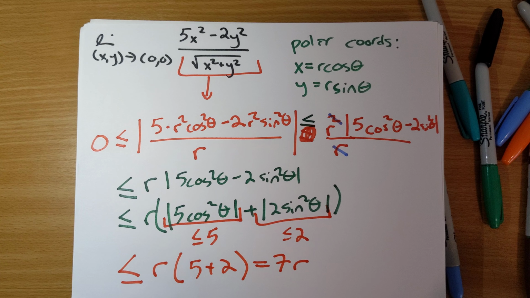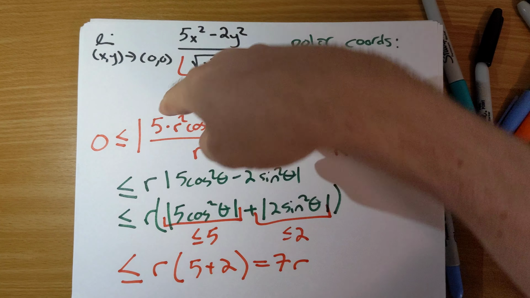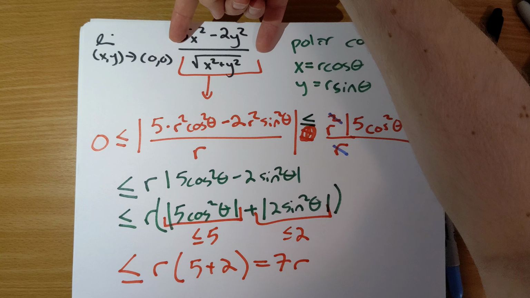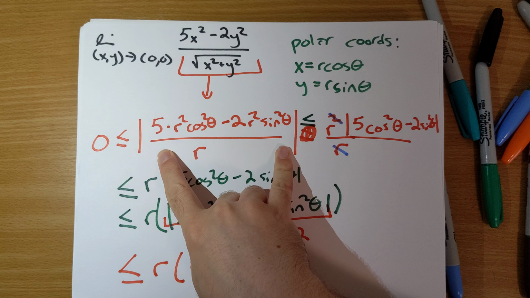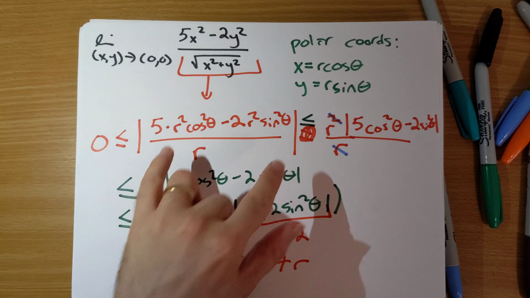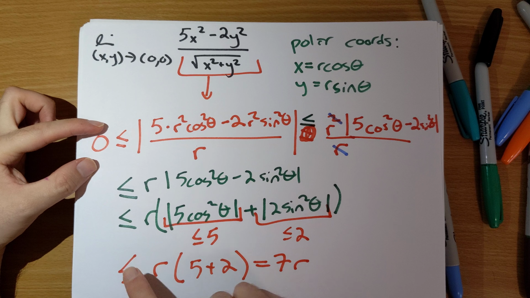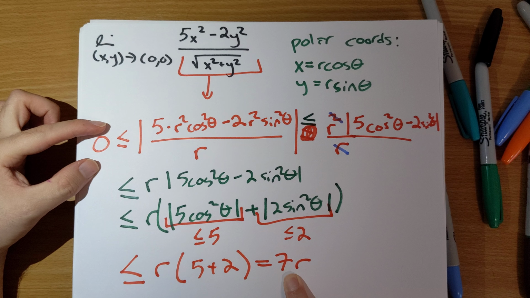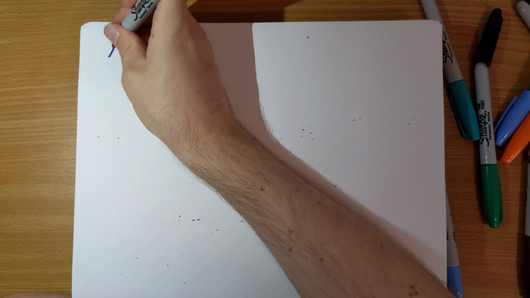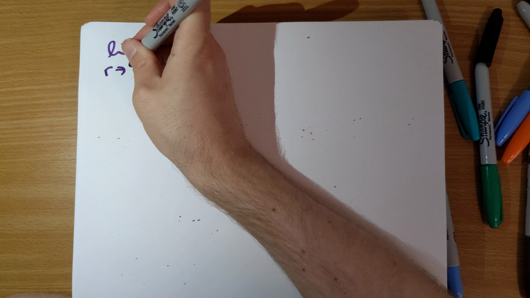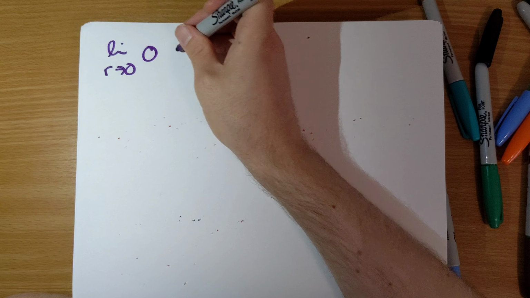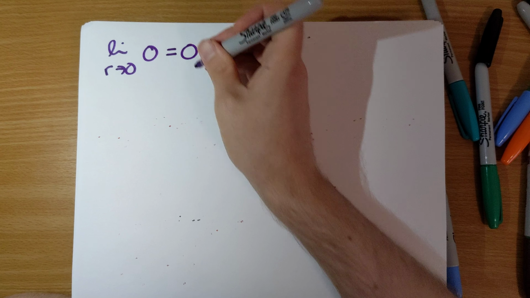So let's take a moment just to step back and see what we've accomplished here. The function that we're trying to take a limit of, we slap absolute value bars on the whole thing and convert to polar coordinates. This is never less than 0, so it's greater than or equal to 0, but it's also less than or equal to 7r. And so here's where the squeeze theorem, sandwich theorem, whatever you want to call it, comes into play. The limit as r goes to 0 of 0 is equal to 0.